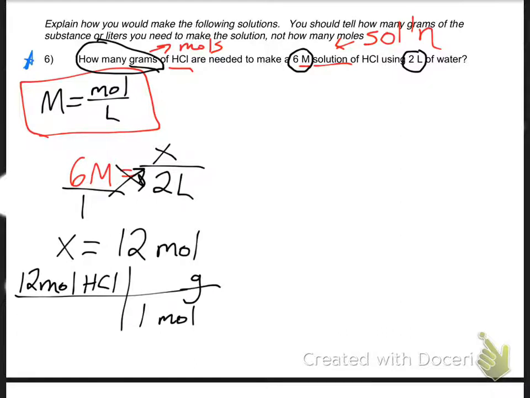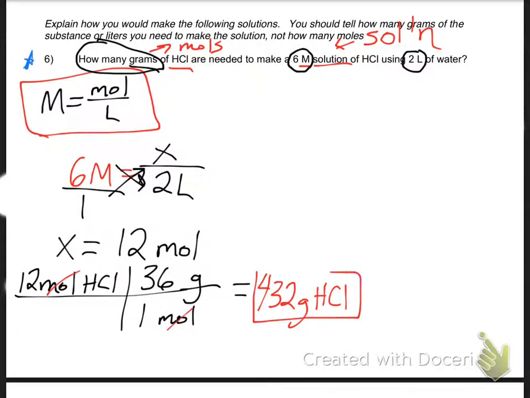That's how I'll know. So 35 plus 1 is 36. All right, so then I have to just put that in my calculator because moles are gone. And that is 36 times 12. And I get 432, and this is grams of hydrochloric acid. And there's my answer. Now, I'm just going to show my other example.